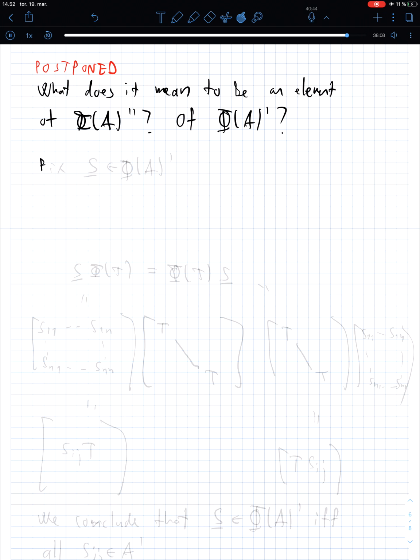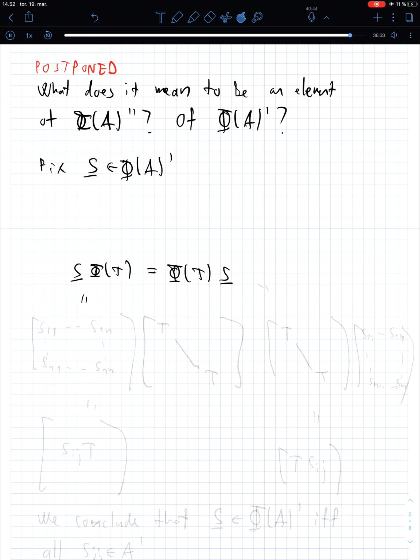So let's fix some S underline that lies in phi of A single prime. What does that mean? It means that if I take S and multiply it by phi of T, I get the same if I do it in the opposite order.